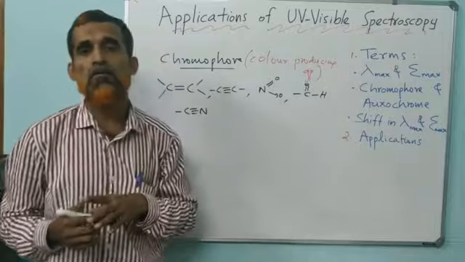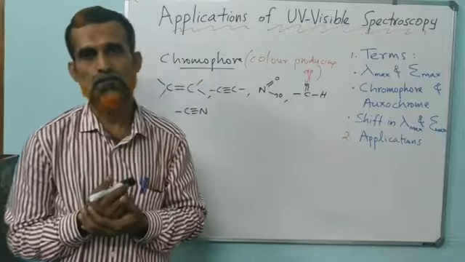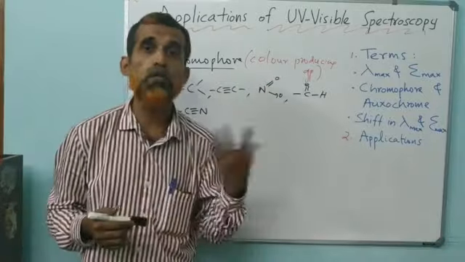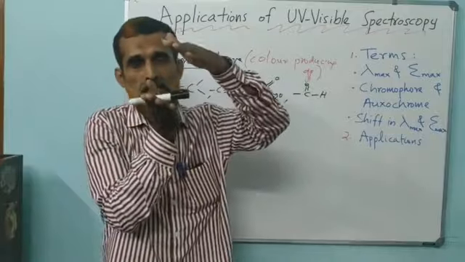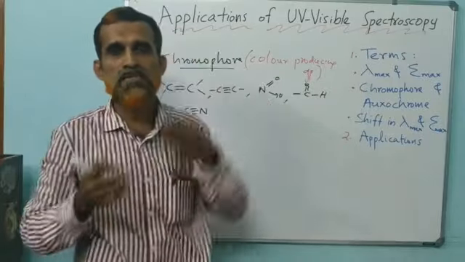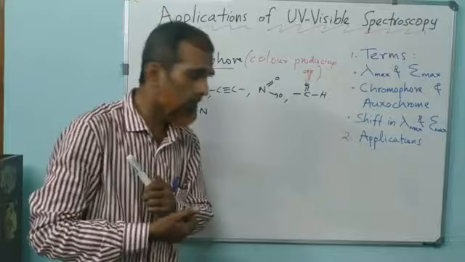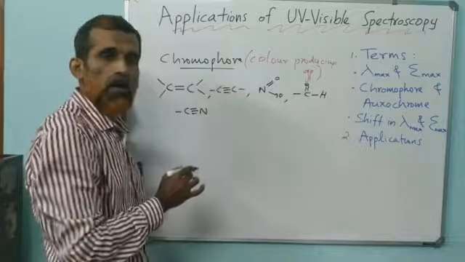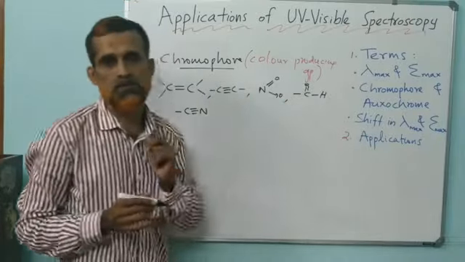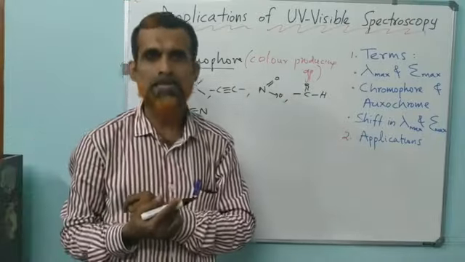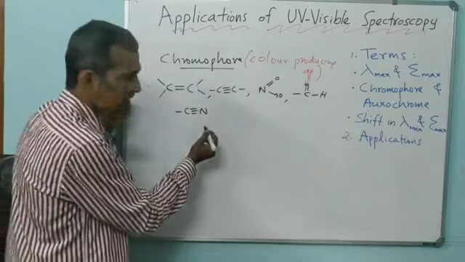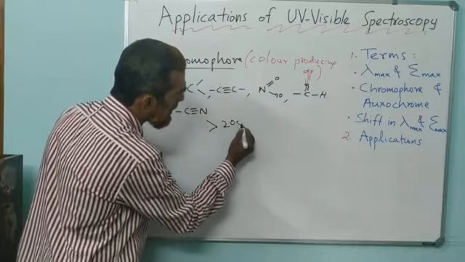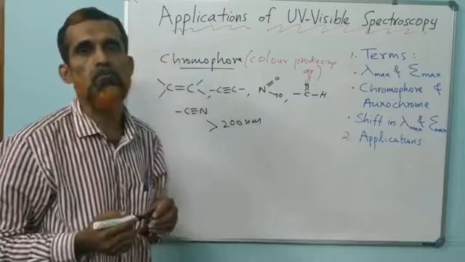So they will have pi to pi star transition, and also if there are heteroatoms like oxygen, nitrogen, they will have n to pi star also. That corresponds to a very small energy gap, and UV visible absorption will come above 200 nanometer. So chromophores are those functional groups which are unsaturated and have characteristic absorption above 200 nanometer. That is what a chromophore is.